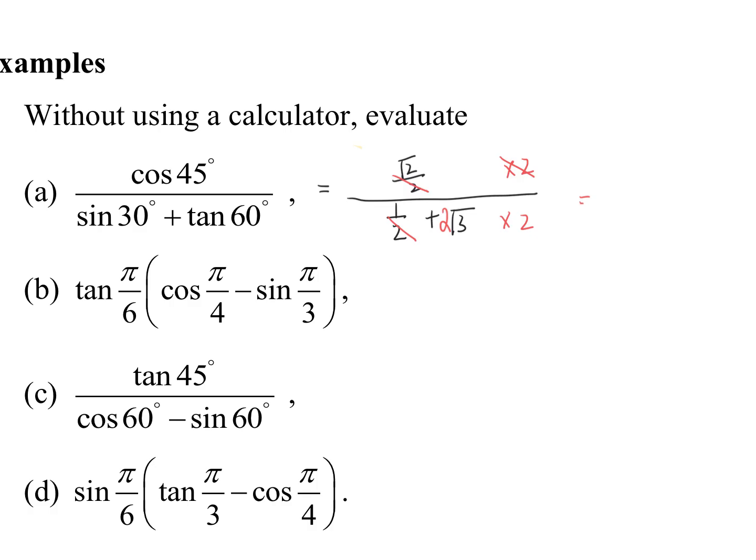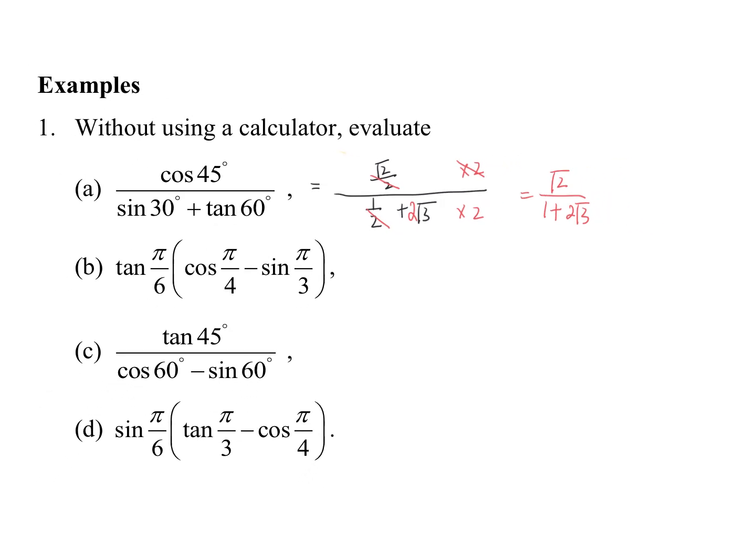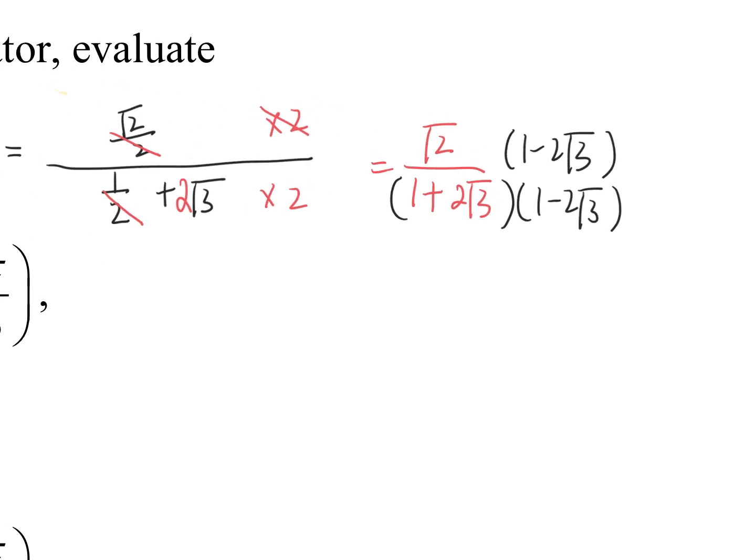Okay, so after I simplify, this is what I get. Then don't leave your answer like that, because the final answer always needs to be rationalized. So rationalize your answer, so your chapter 3 comes into play now. Final answer should always be rationalized.